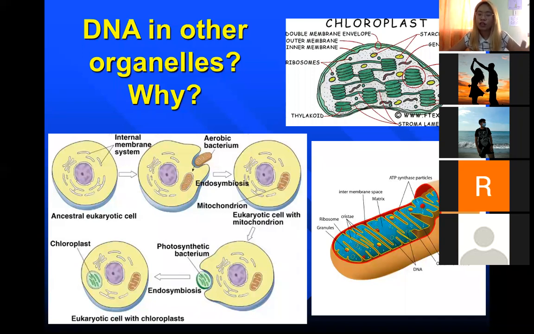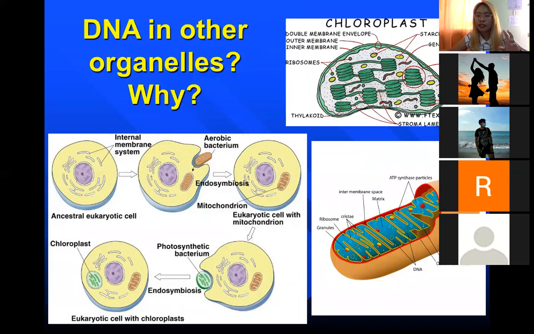So, itong theory of endosymbiosis na to, it came from the discovery of the scientists na merong mga DNA itong mga certain organelles na to. Meaning, if they have their own DNA, they are able to survive on their own. They are able to exist on their own kasi kaya nilang mag-replicate, kaya nilang mag-pass on ng traits from parent to offspring from one generation to another.